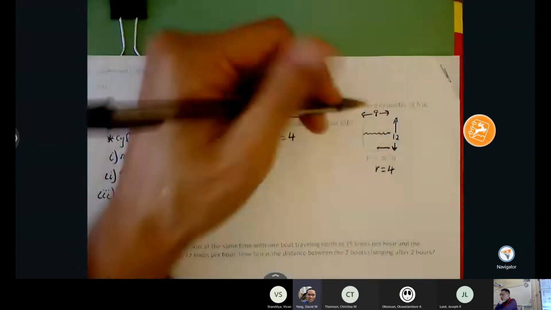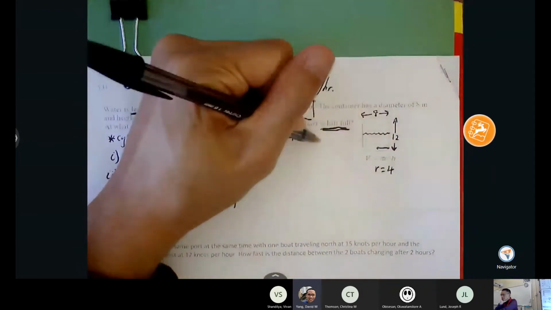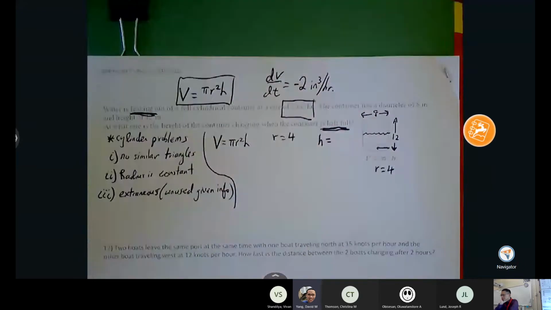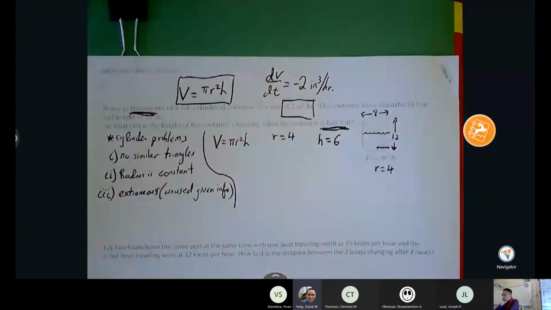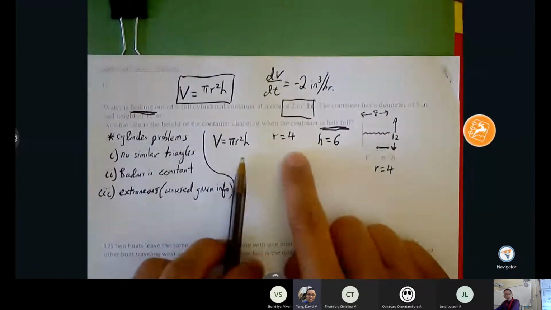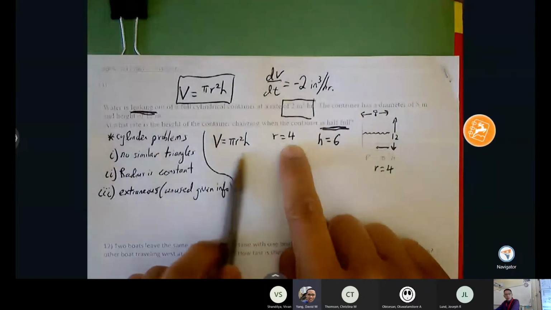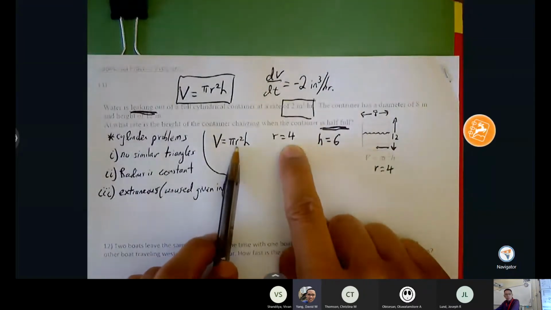Okay, and then half full is when the height is what? 6. Okay, so let's see if we can make our equation easier. We said that radius was a constant. We can replace that r and not have to deal with that variable anymore.